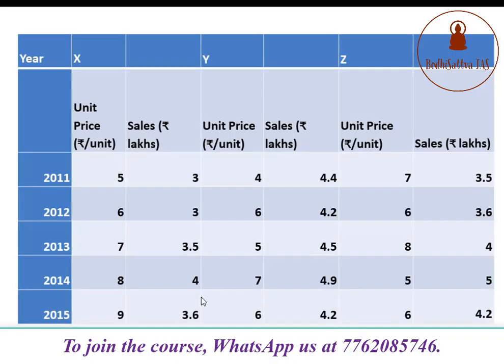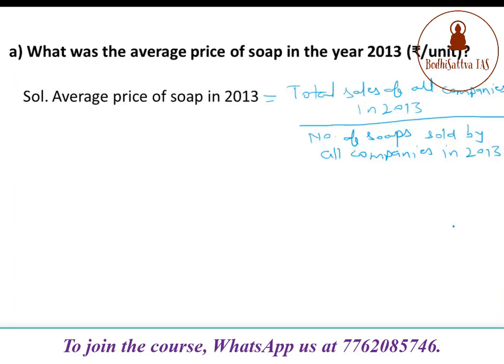So if we see the table in 2013, to find out the total sales, 3.5 lakh sales was done by company X, 4.5 lakh sales was done by company Y and 4 lakhs sales was done by company Z. So we will add all of them to get the total sales.